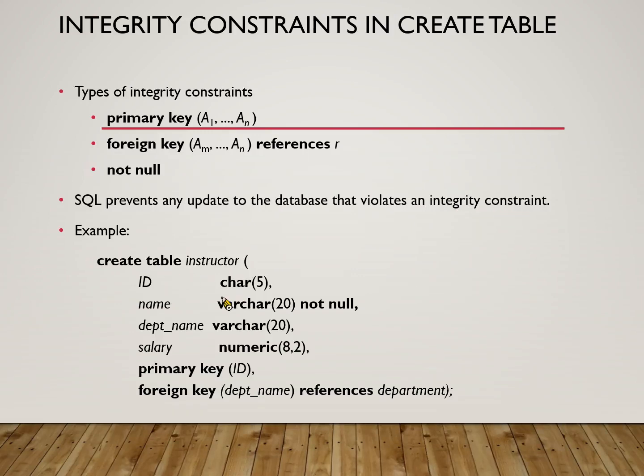If we also consider the integrity constraints in this table, following the basic structure of the table, we have to write down the primary key, which indicates ID is the primary key, and the foreign key, which indicates department name is a foreign key that references the primary key of department.